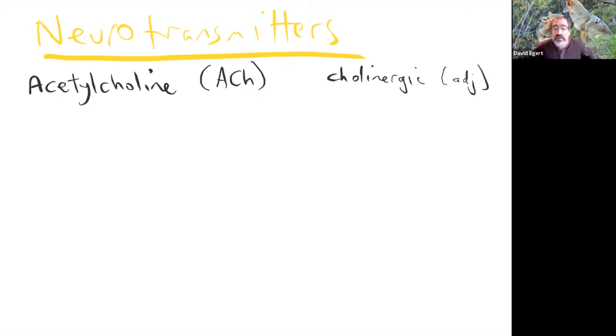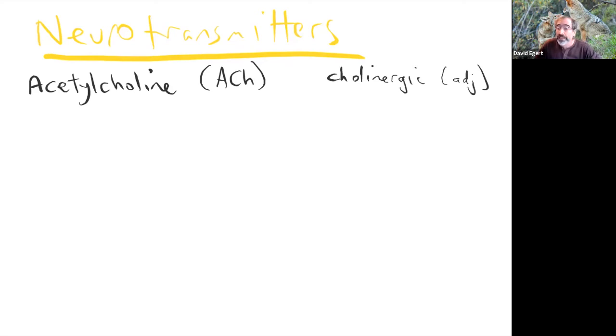If we're talking about a receptor that binds acetylcholine, it'll be a cholinergic receptor. If we're talking about a drug that mimics acetylcholine, it'll be a cholinergic agonist, or if it's blocking acetylcholine receptors, a cholinergic antagonist. So cholinergic just means having to do with acetylcholine.